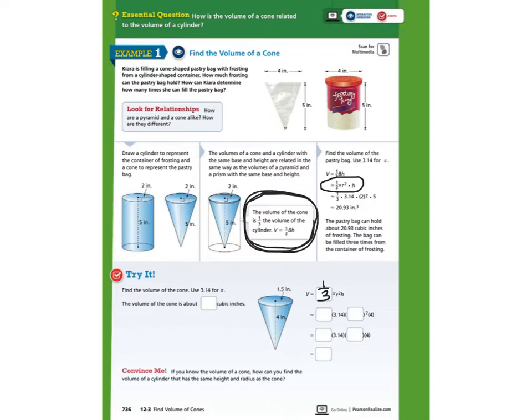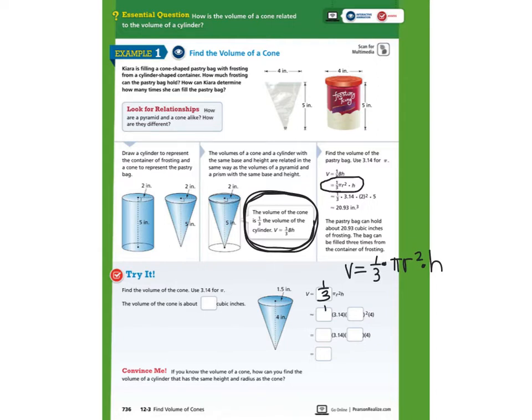The 1/3 is the piece that was missing from that first box because that formula says volume is 1/3 times pi r squared times h. So 1/3, the area of the circle is pi r squared, and h is the height of the cone.